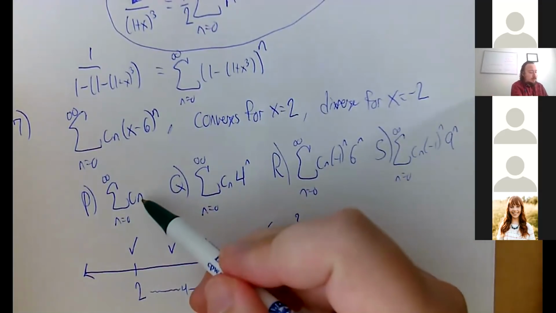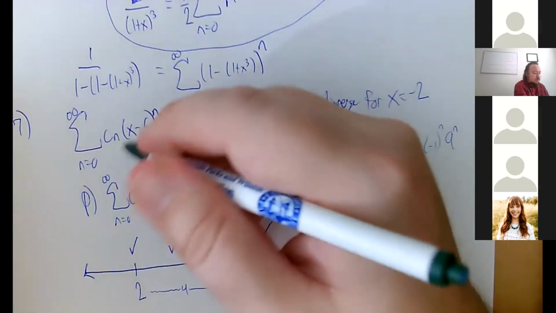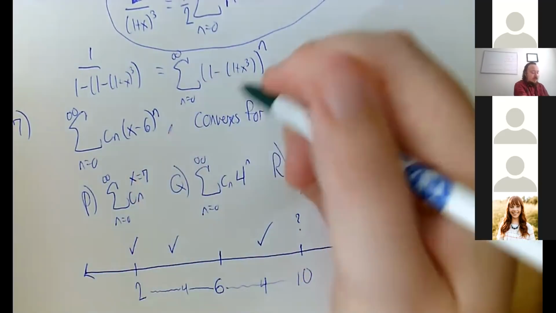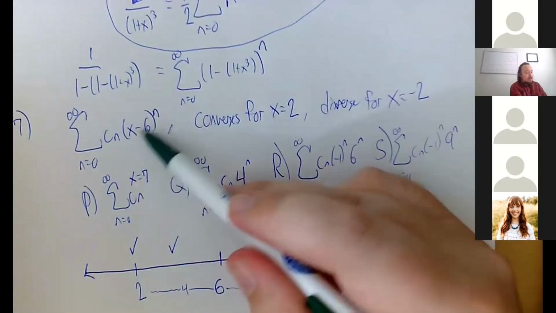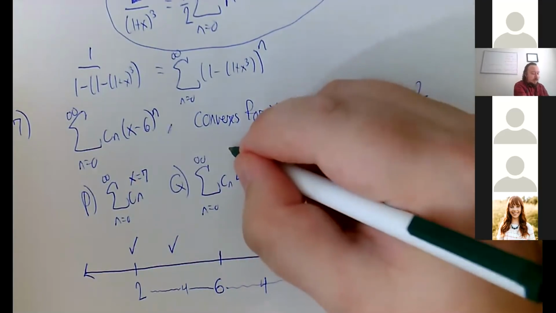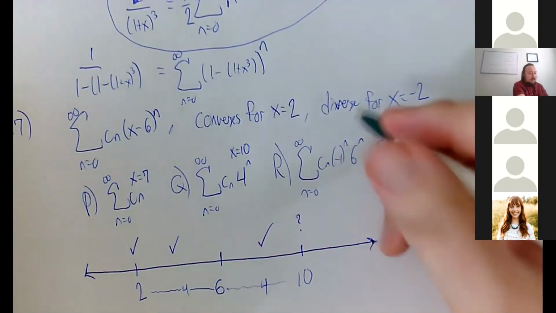So let's go back here and see what x values we need to get these. So this one, if we just have 1 to the n times this or no coefficient, that comes from x equals 7. What do we need to make this be to have 4 to the n? I think we need to have this be x equals 10. All right, what do we need to have this be to be -6?